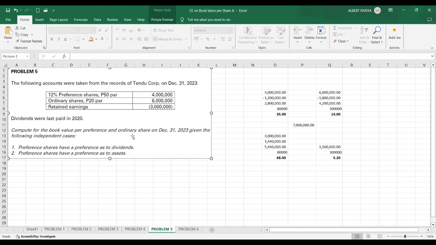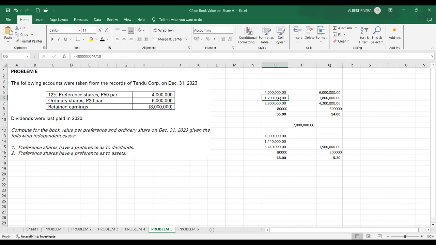If the preference shares have a preference as to dividends, okay, the computation would be preference shares would absorb part of the retained earnings based on the allocated amount, based on the aggregate par. Parang ito, 4 over 10, 40% ng 3 million, ito yun, 1.2. Okay? Then, yung remaining sa ordinary.